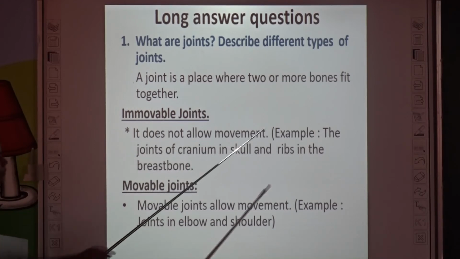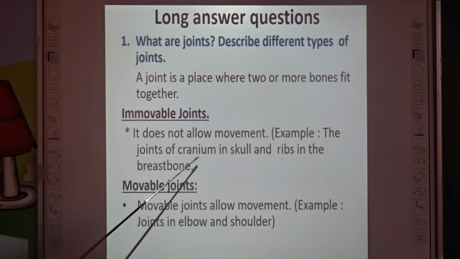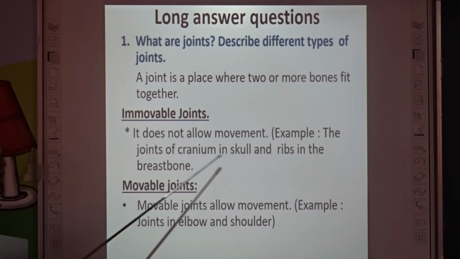For example, the joints of the cranium in the skull and the ribs in the breastbone. There is no movement. What are the examples? The joints of the cranium in the skull and ribs in the breastbone are the immovable joints.